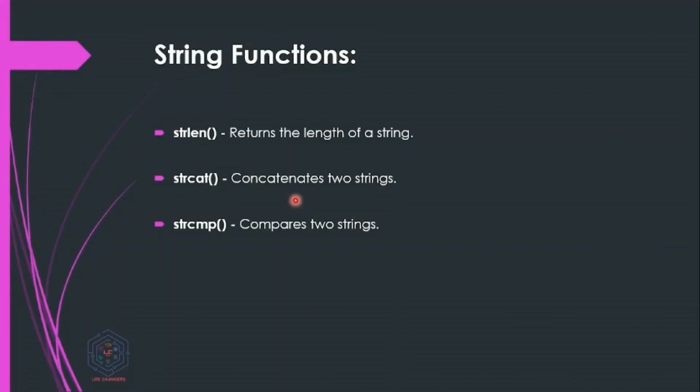If we want to concatenate, that is add these 2 strings, then we can go for the string cat function. The output is then apple banana. This is the function of string cat.